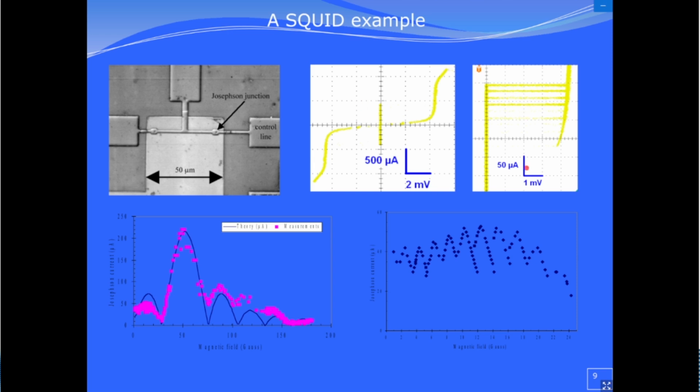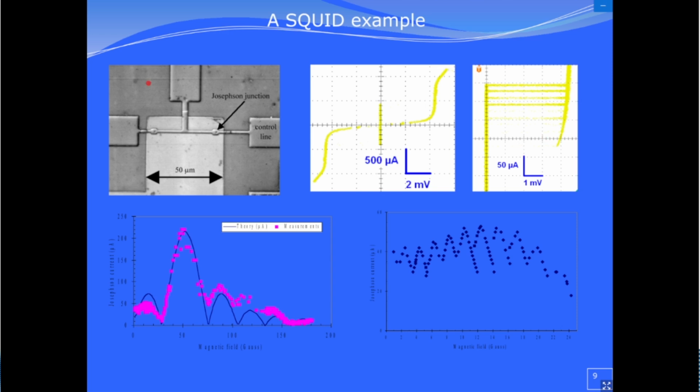You see very interesting features. You see that it switches at different quantized values, not anywhere. This is one thing I want you to observe. This is just a simple measurement to do, you just measure voltage on a simple device.